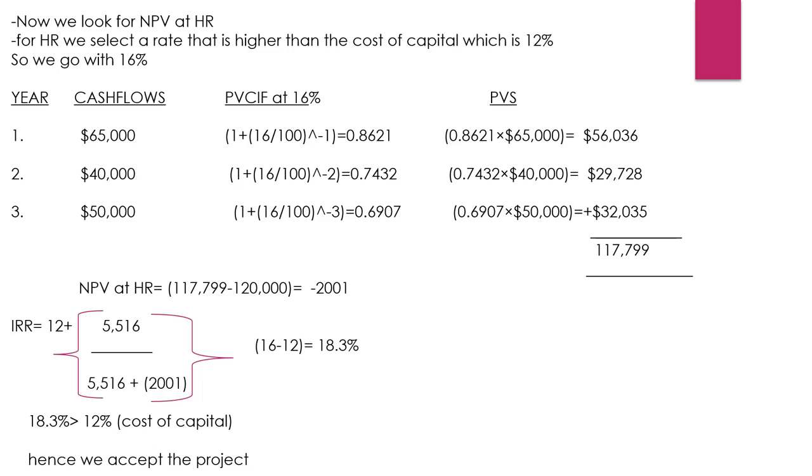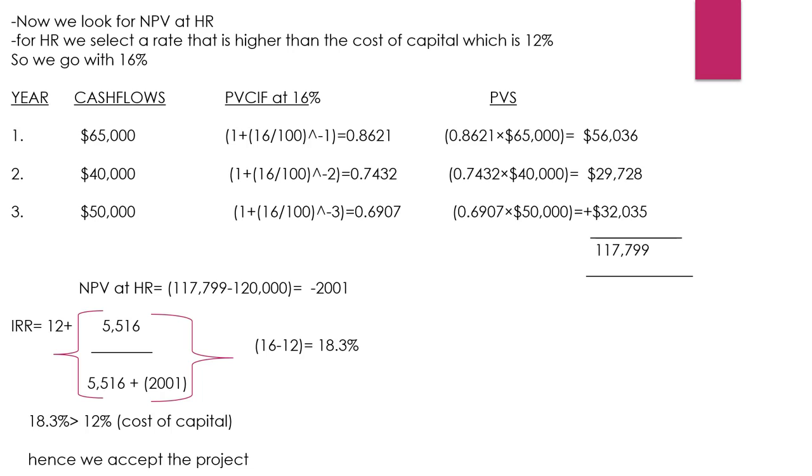So we are going to continue with our formula for finding IRR. Remember, IRR is equal to lower rate plus, open a bracket, NPV at lower rate divided by NPV at lower rate plus NPV at higher rate, close the bracket, open another bracket, higher rate minus lower rate.